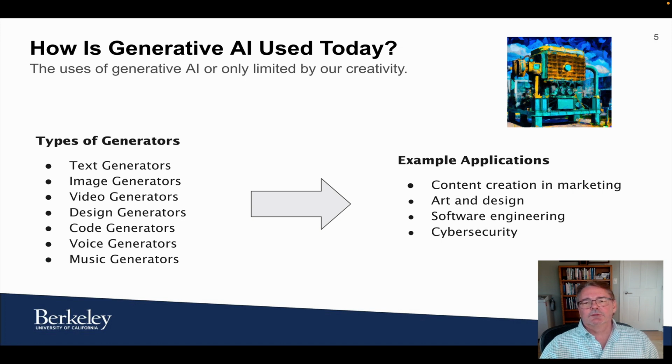Generative AI can be used to create content for marketing and advertising, such as blog posts, social media posts, or email campaigns. It can help customize and optimize content for search engines and can help improve marketing copy to deliver better results for marketing campaigns.